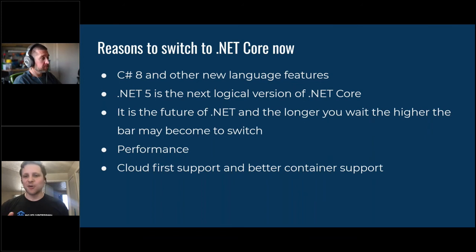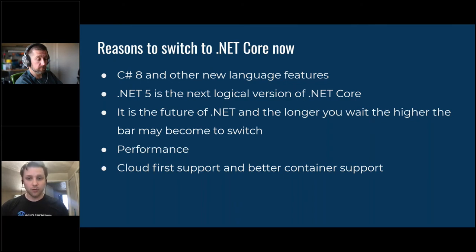But so, reasons you might want to switch to Core. This kind of ties into the question I was asked earlier slightly. So C# 8 is an important one. There are going to be a lot of features in C# 8 that are just not going to be supported in Framework at all, like pattern matching enhancements, and there's tons of things that C# 8 handles.